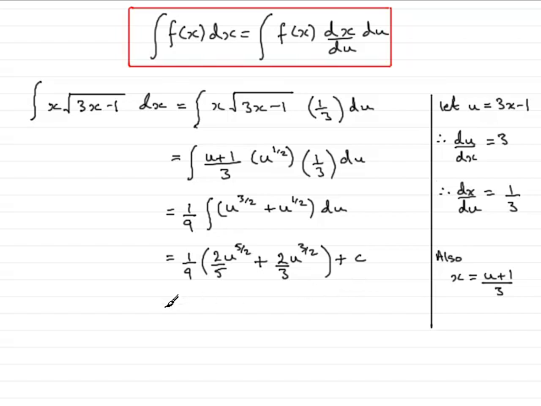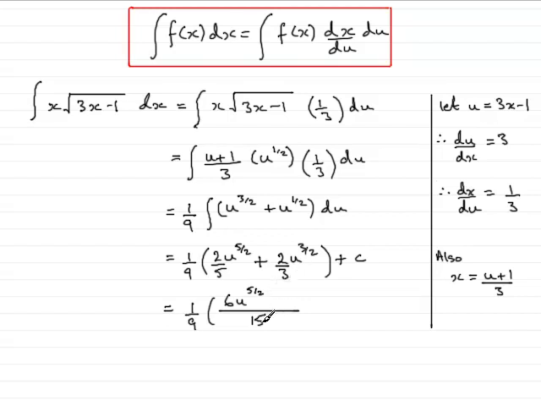Next, what I want to do is put this all over a common denominator, so the lowest common denominator in this case would be 15, so I have that over 15. Turning 2/5 into 15ths, I need to multiply top and bottom by 3, so that would be 2 3s are 6, 6u to the power 5 over 2.